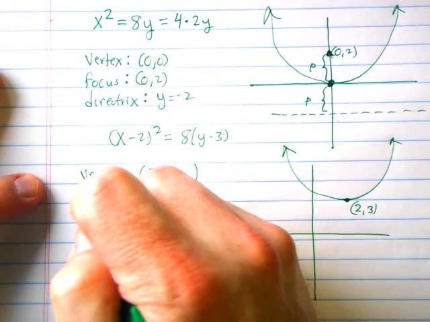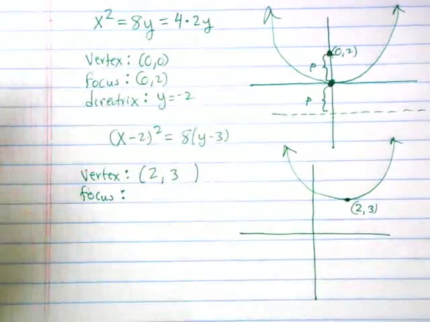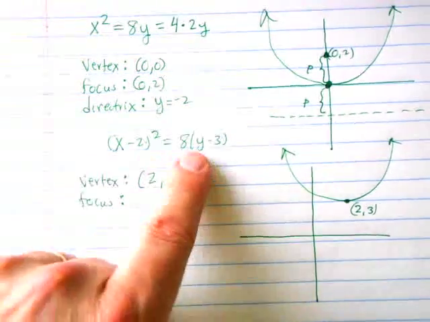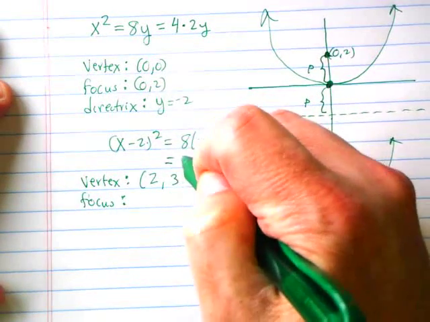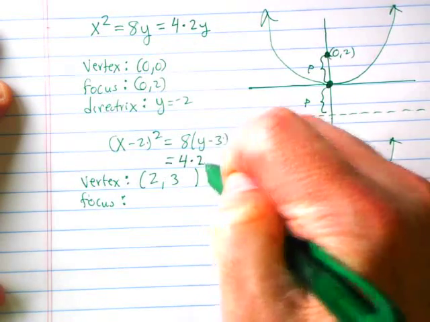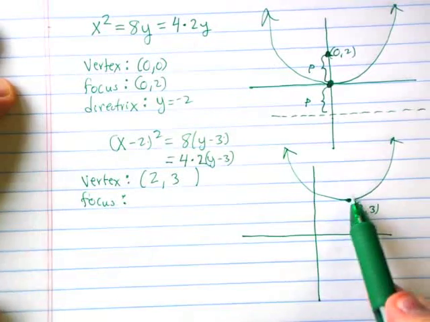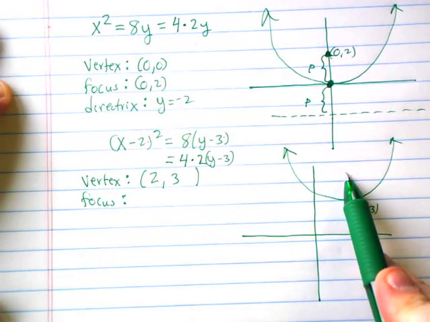Okay, where's the focus? Now what's the p number for this parabola? P number is still 2, isn't it? Because I don't want an 8 here, I really need a 4, so I would write this as 4 times 2, y minus 3. So my p number is still 2. So I go here and I go up 2 spaces.